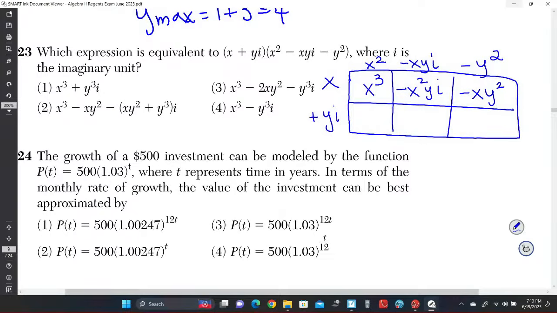Now, yi times x squared will leave me with x squared times yi. yi times negative xyi will be negative x y squared i squared. I need that to look like a squared. And yi times negative y squared will be negative y cubed i.